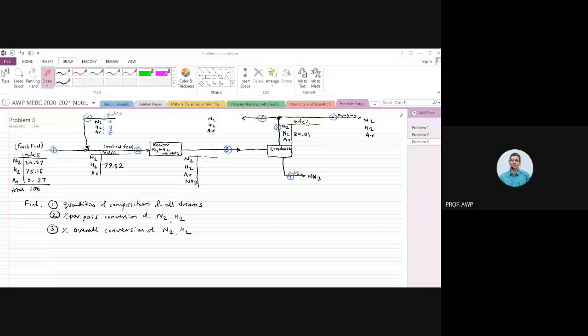Hello, sir. Sir, in the fresh feed, it is mole, right? Not mole percent? It is mole percent, but because we have taken basis as 100 gram moles of the fresh feed, mole percents and moles become the same. Okay, sir.